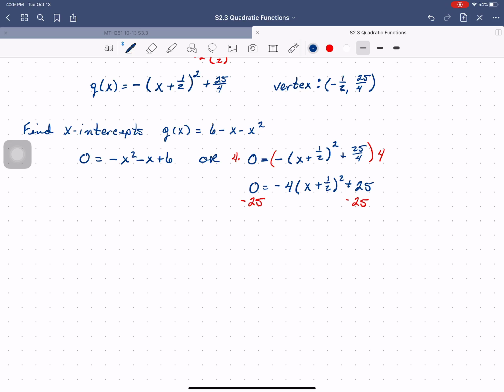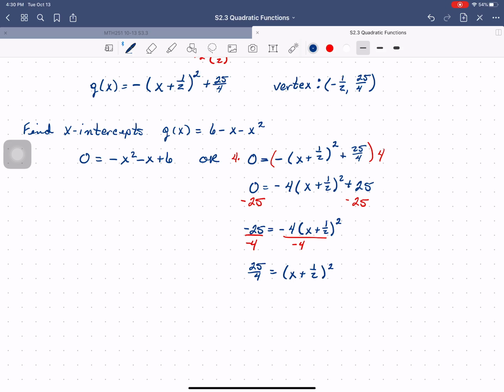So now I've got negative 25 equals negative 4 times (x plus 1/2) squared, and my fraction comes back because I have to divide through by negative 4. So now I've got 25/4 equals (x plus 1/2) squared.